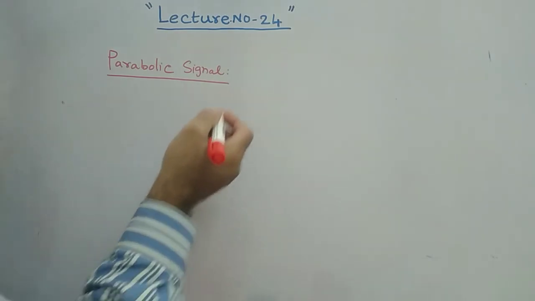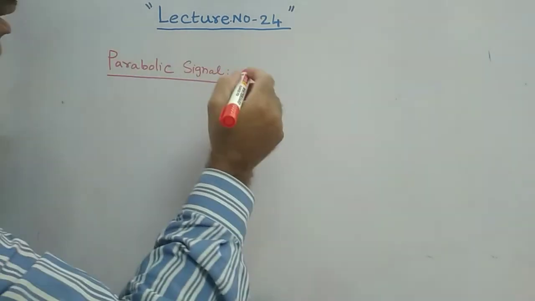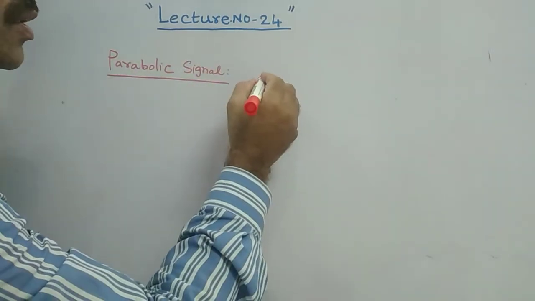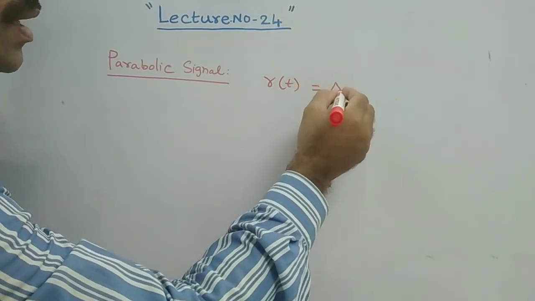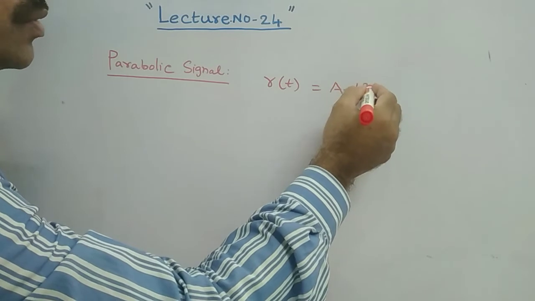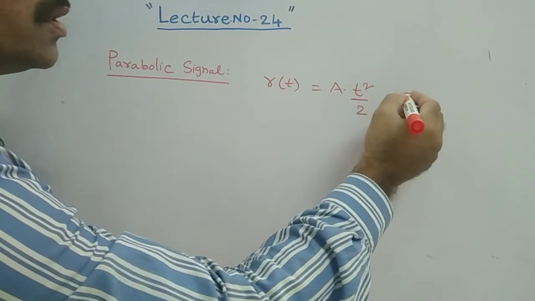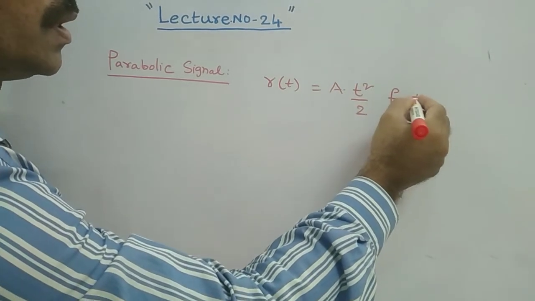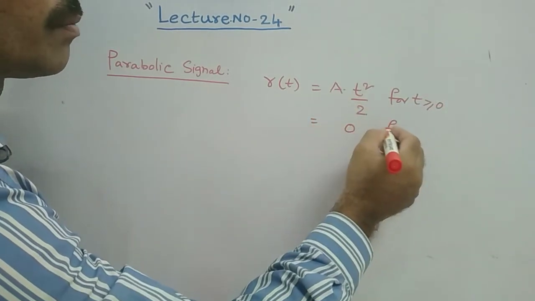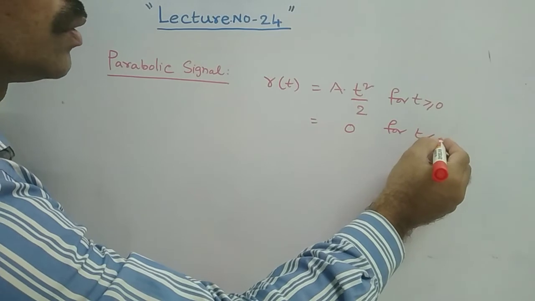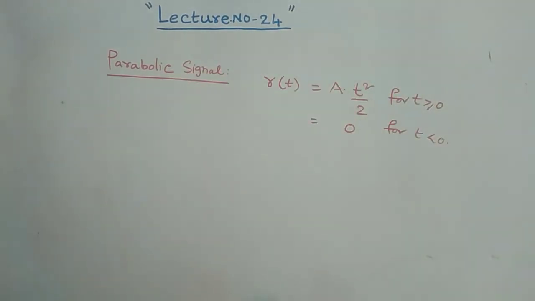Before that, let us define this parabolic signal. This is represented as r of t is equal to a into t square by 2, for t greater than or equal to 0, and it is 0 for t less than 0. That is the definition for a parabolic signal.